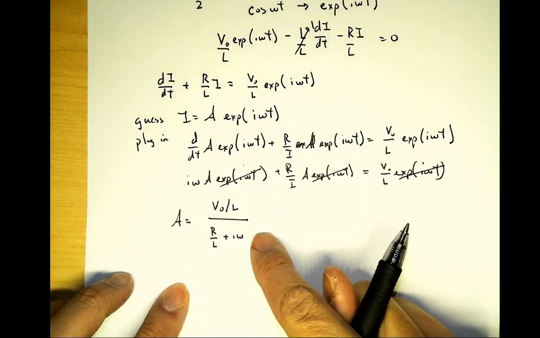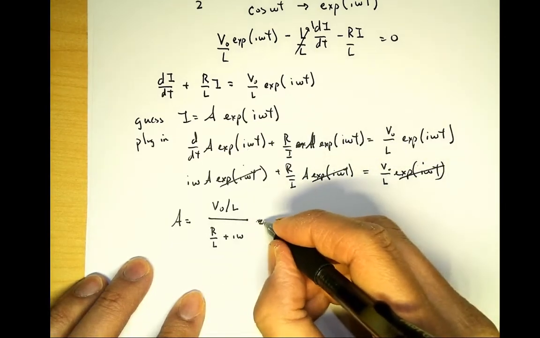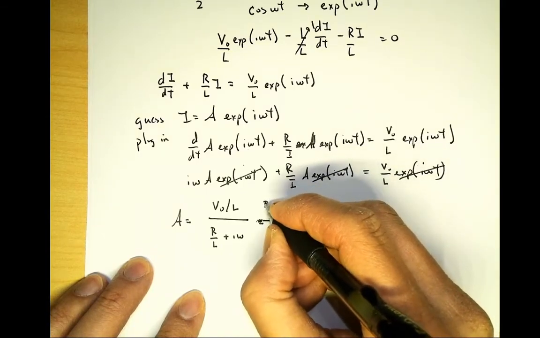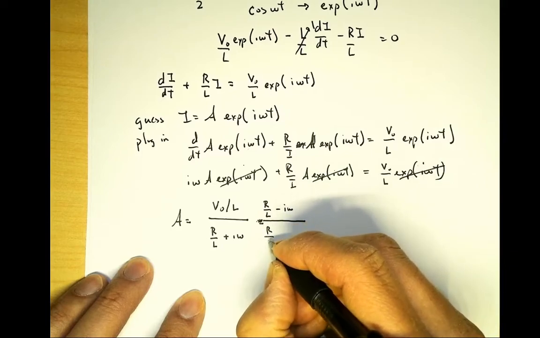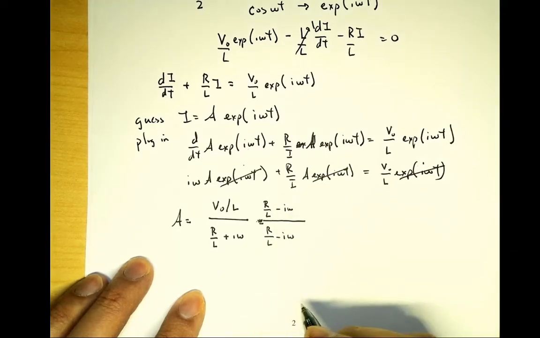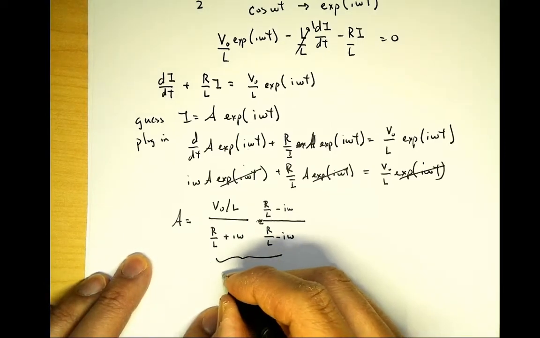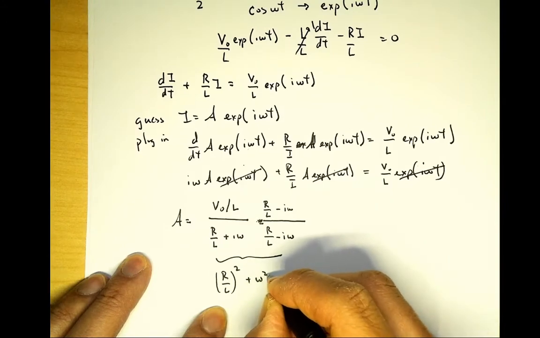Now we have to convert this to something that looks a little better. So I'm going to multiply by a special form of 1, R over L minus I omega over R over L minus I omega. So this thing down here will give me something that looks like R over L squared plus omega squared.